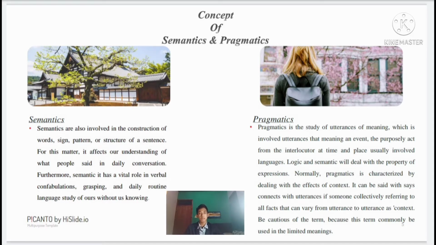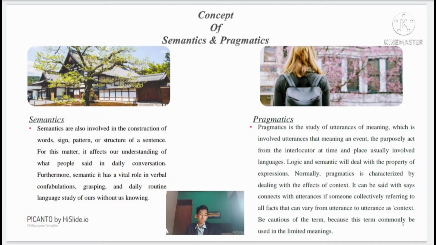Actually, I found one article that explains the concept of semantics and pragmatics. It says that semantics is the study concerning the relation between words and how we pull the meaning of the words. People can understand it in different ways and take different meanings as well.